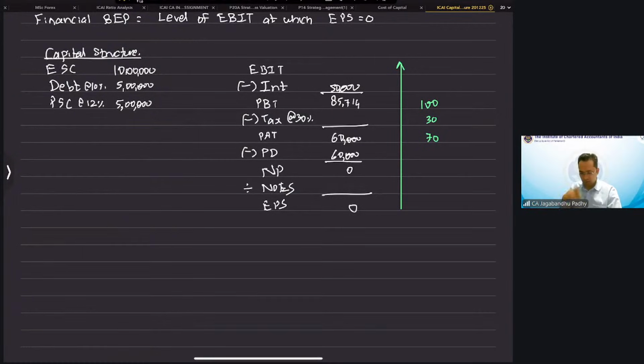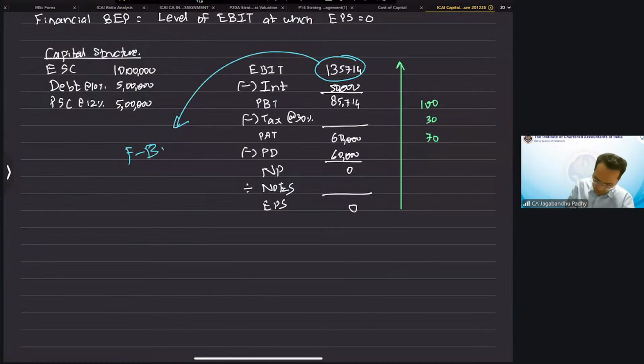And then adding it back, it becomes 135,714. That's your EBIT, right? And this 135,714 is what we call the financial break-even point.